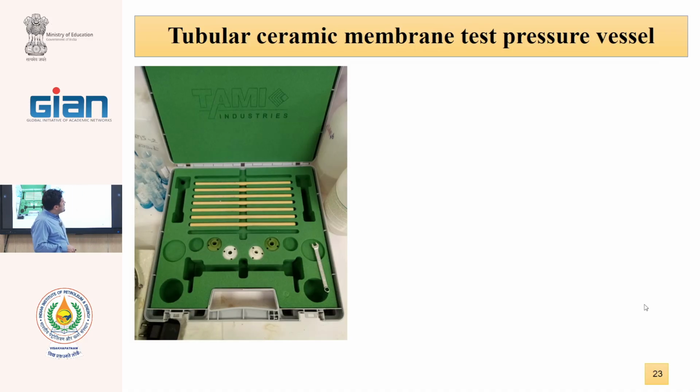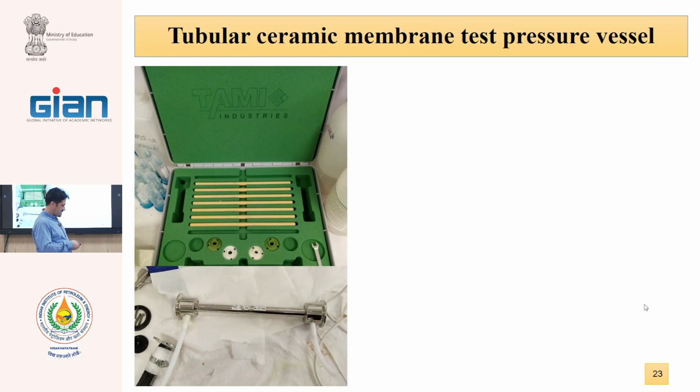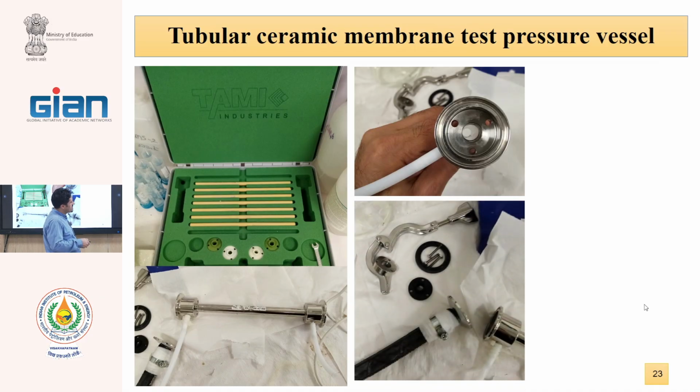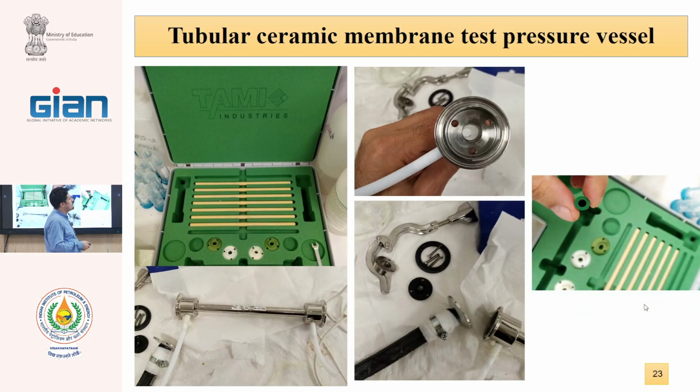This is a ceramic membrane module that holds 10 membranes with a pressure vessel. You see, this is a pressure vessel. And such as them, we can put the membrane here, add the black O-ring here, put them with this clamp, and test the membranes.